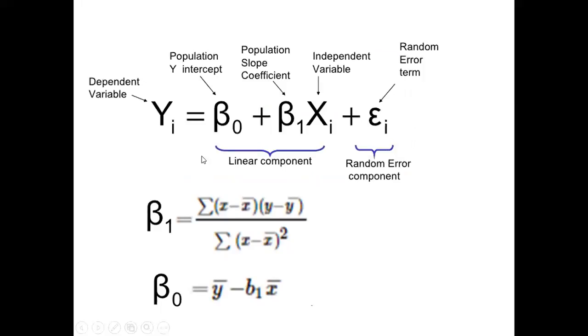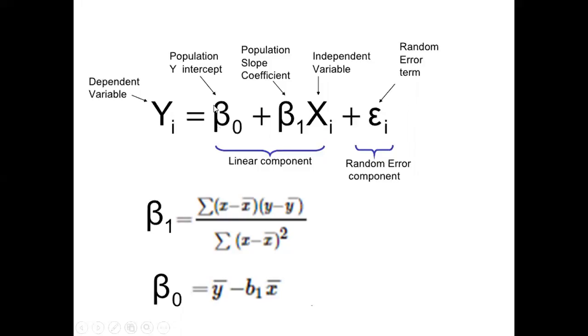So here, y is the dependent variable, because based on the independent variable we have to predict the value of the dependent variable. b0 is what we call the intercept. Some authors use y = a + bx + c.